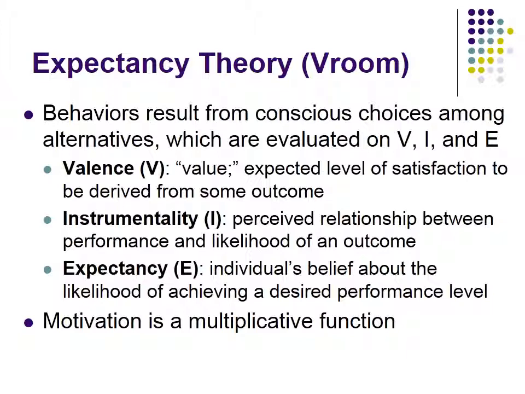And adjusting V, I, and E can result in increasing or decreasing motivation because people should make rational, logical decisions about how motivated they should be, how much effort they put in, based on V, I, and E. So V is valence, I is instrumentality, and E is expectancy.